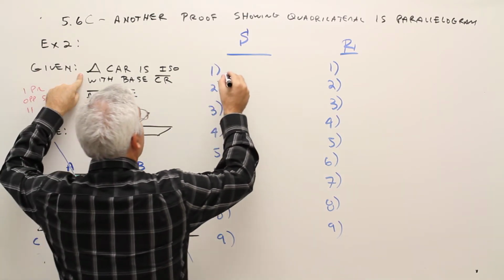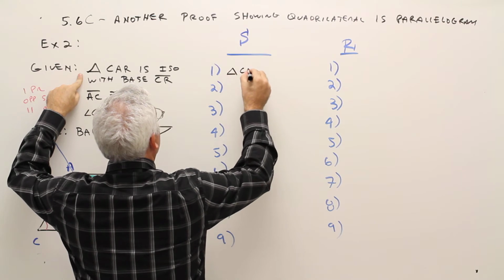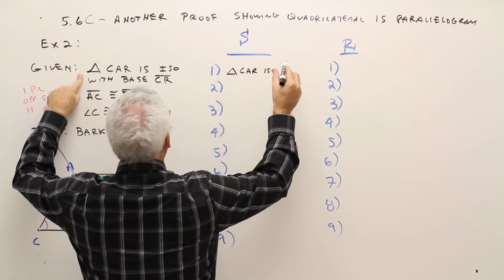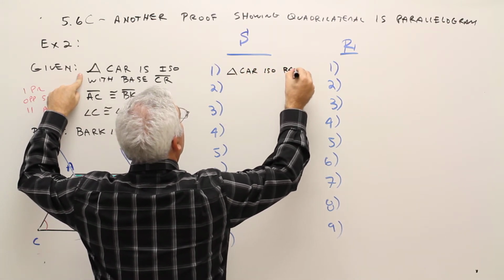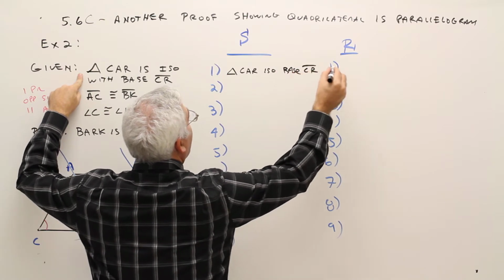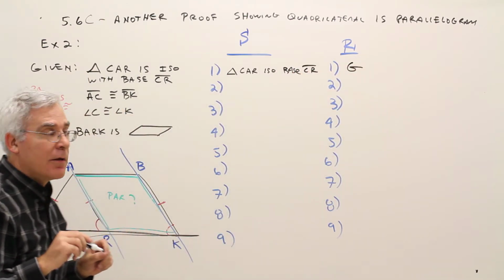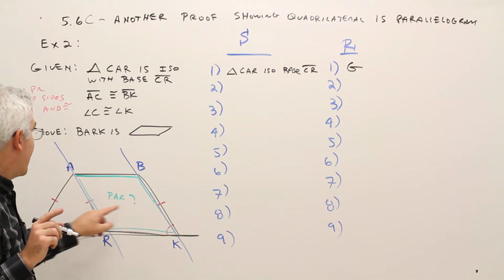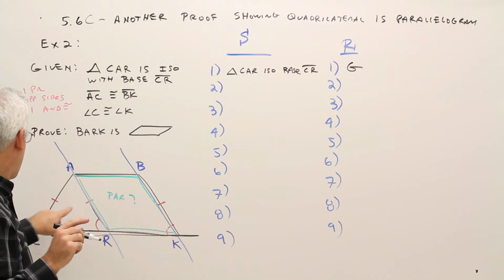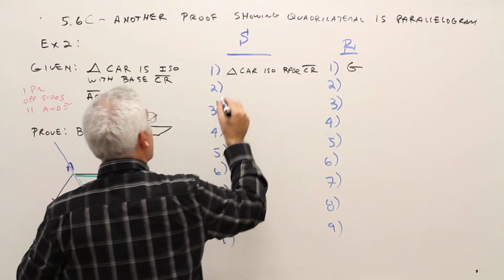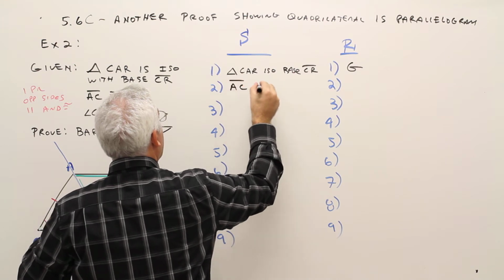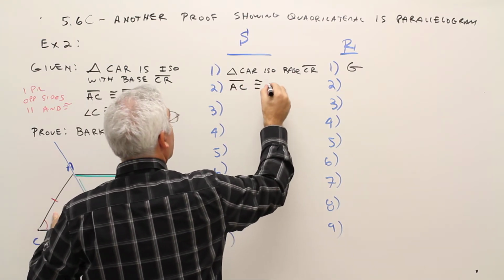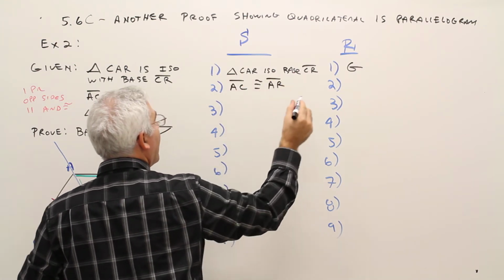So I'll say triangle CAR is isosceles with base CR. That was given. Based on that, I'll get these sides right here. So AC is congruent to AR.